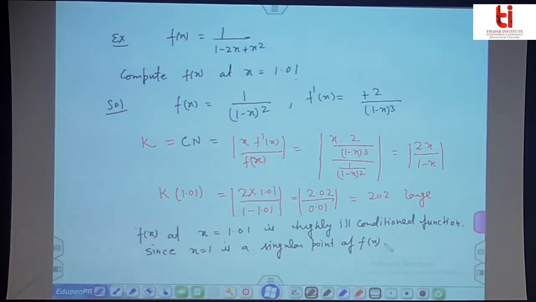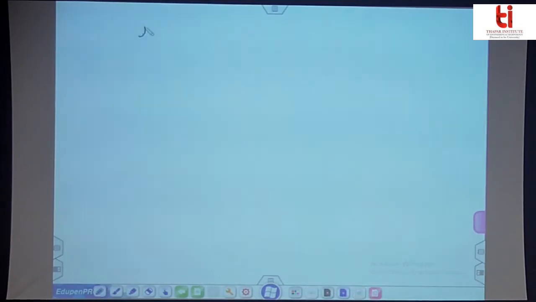So near this point, there are sharp changes in the function values, which make the function highly ill conditioned.